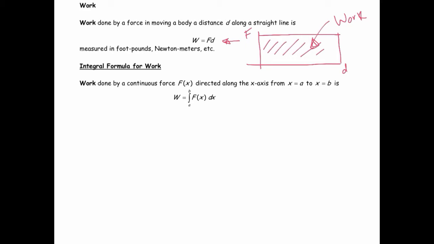So in general, work is done by a continuous force directed along the x-axis. We're just going to assume that the work is done in this direction, so the x-axis represents distance. You move this object from point A to point B.